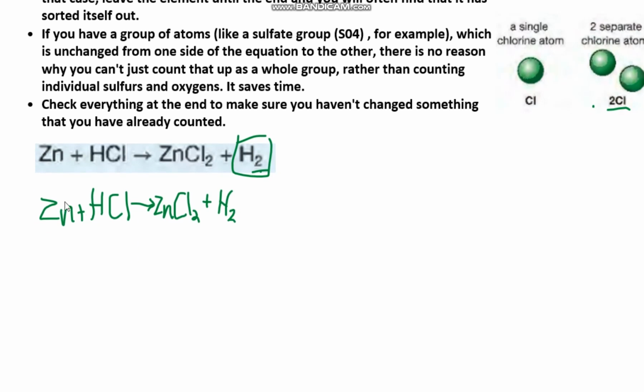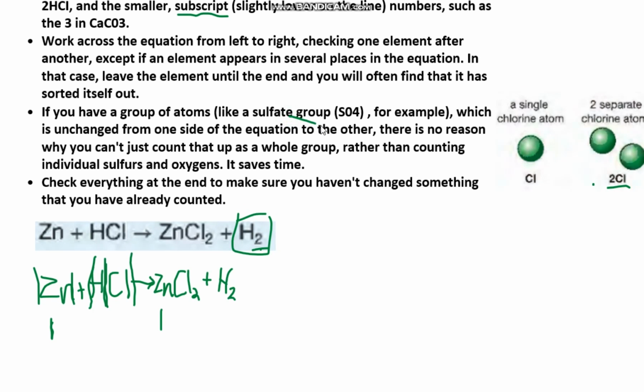So there is the equation. We'll just write one. There's one atom of zinc, and here is also one atom. Hydrogen we'll count as a different element, and chlorine as a different element.